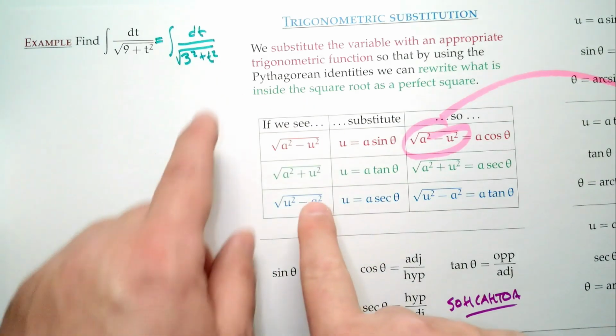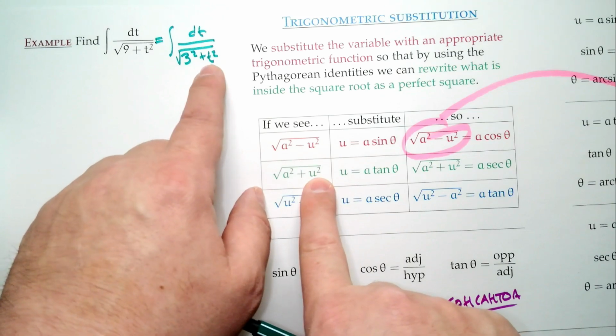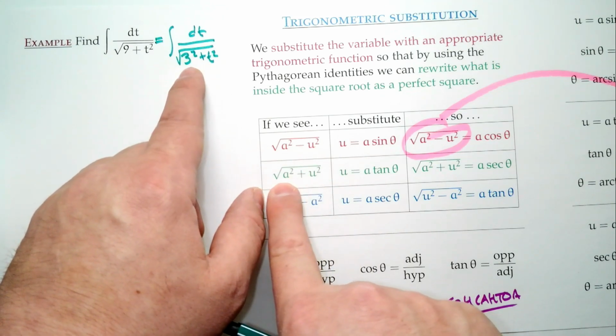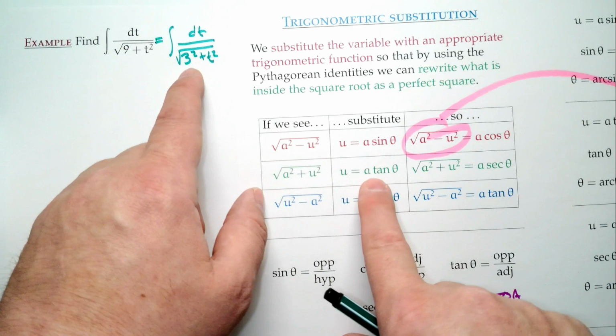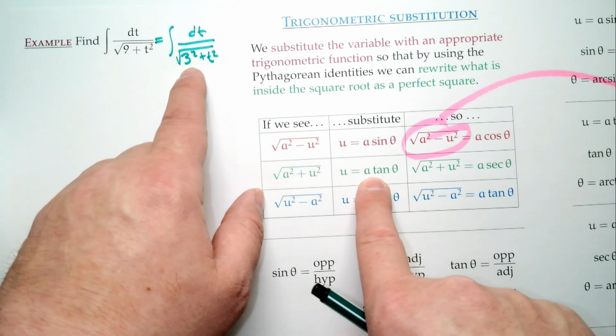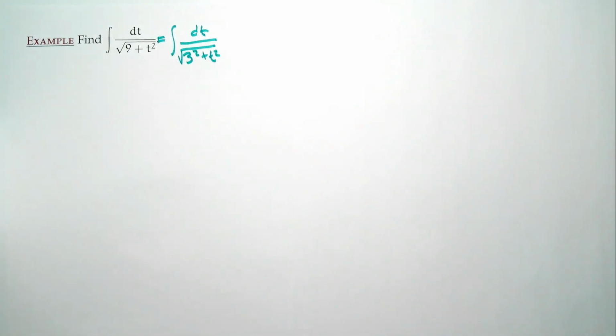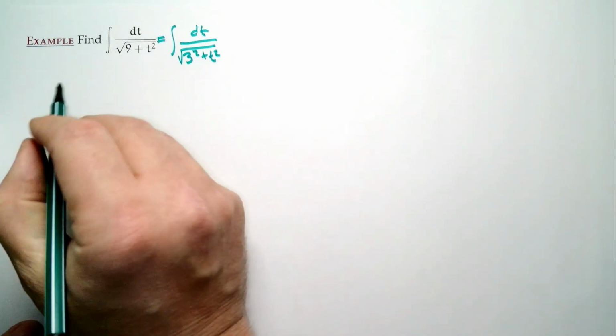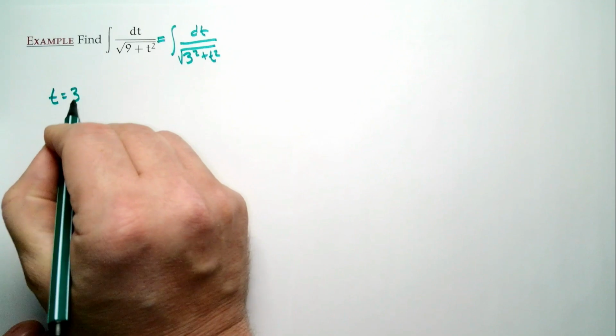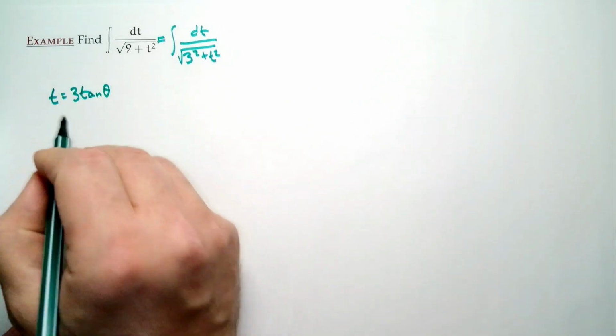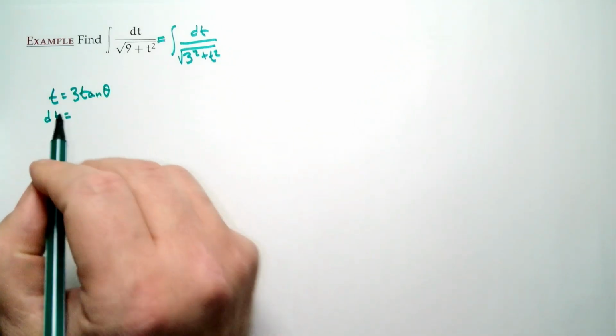So here, we get that the t matches up with the u, 3 matches up with a, so our substitution will be 3 tangent theta. All right. So we'll let t be equal to 3 tangent theta. What's dt going to be?